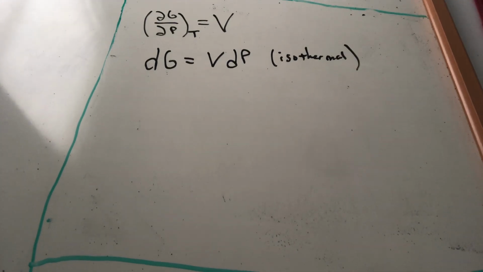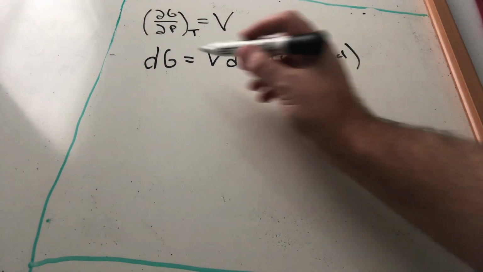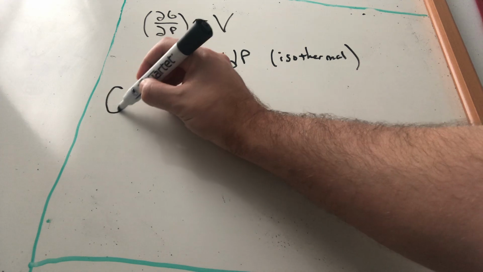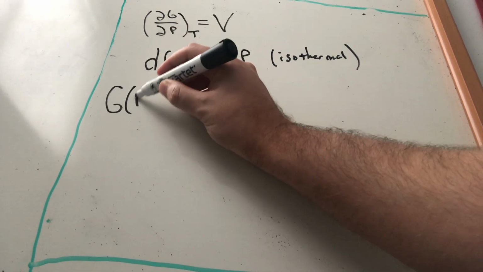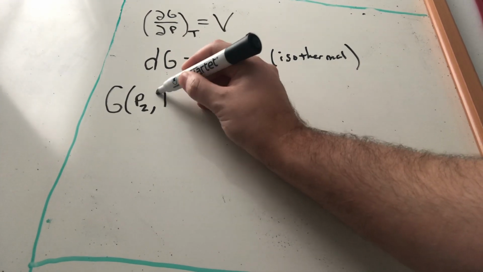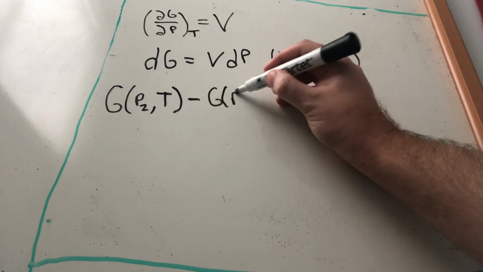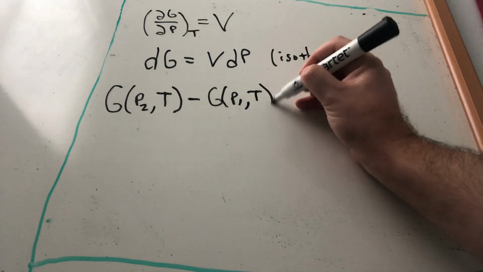And we should be familiar with how to do this. I'm going to integrate both sides between two different pressures. On this side, instead of writing a delta G, I'm going to show that we change the pressure by writing G of P2 at our isothermal temperature, minus G of P1 at our isothermal temperature.